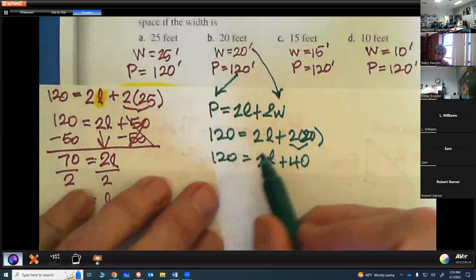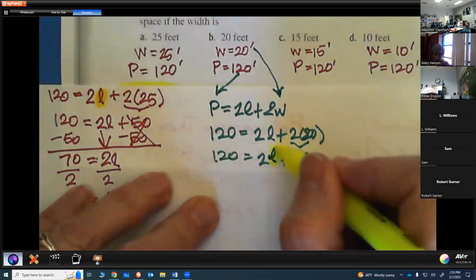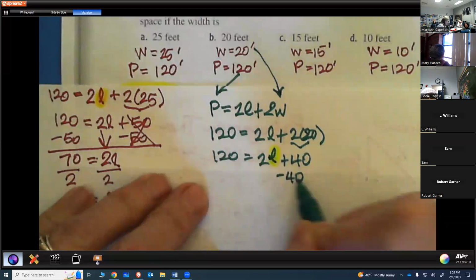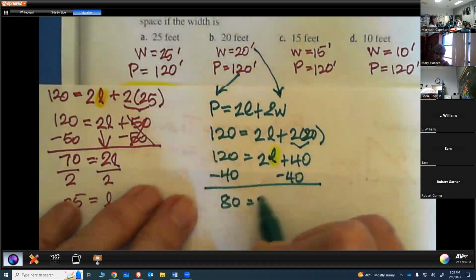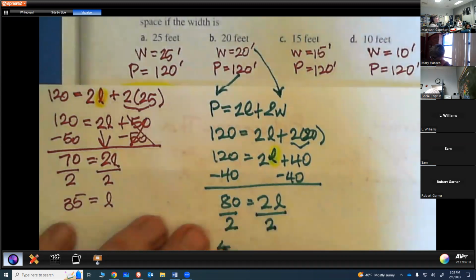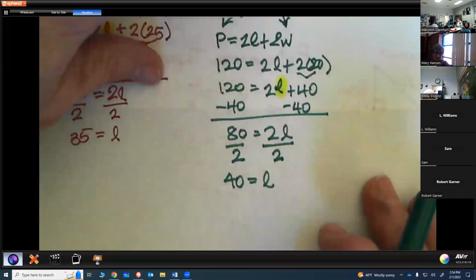I need to get rid of that 2 and get rid of the 40 so the L is by itself. I do the 40 first. I subtract from both sides. And then 2 times L is 80. So the opposite of multiplication is division. And the length then would be 40.